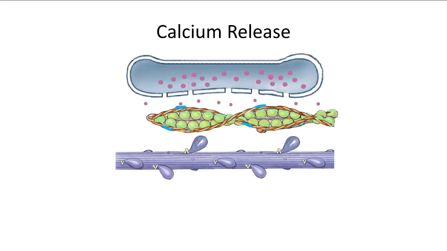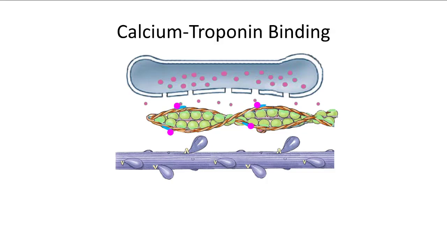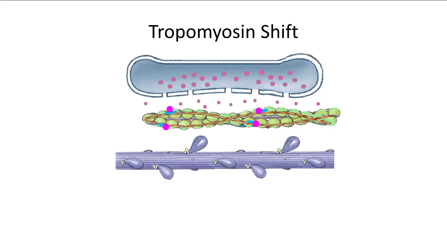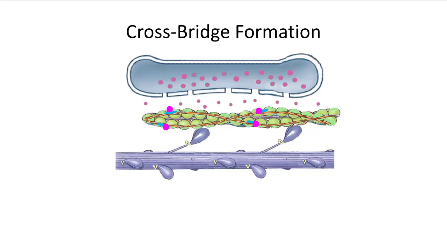When the muscle is activated by a neuron stimulus, the T-tubules depolarize and stimulate the sarcoplasmic reticulum, causing it to release calcium into the area around actin. This calcium binds to the regulatory protein troponin. This causes tropomyosin to move over, exposing actin's binding site for myosin. Once that active site is exposed, myosin immediately lifts and binds to actin.